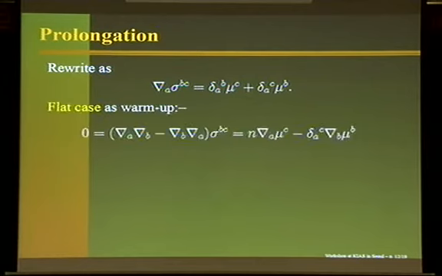Okay, and then it's always a good idea to just do the flat case as a warm-up. So what you do is you derive differential consequences of this equation, by differentiating more times and using the fact that partial derivatives commute. So here we have 0 equals this, just imagine you're working with a flat connection here. Then you rewrite this in two different ways.